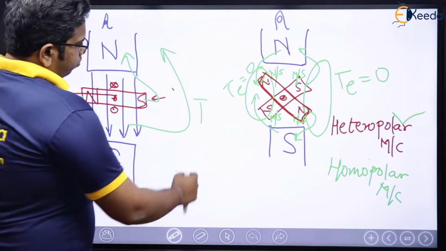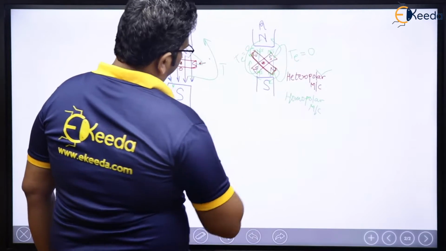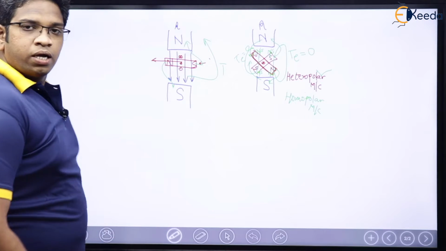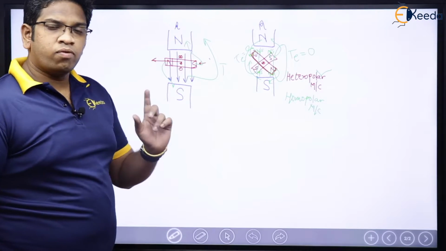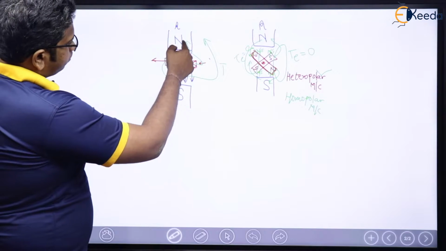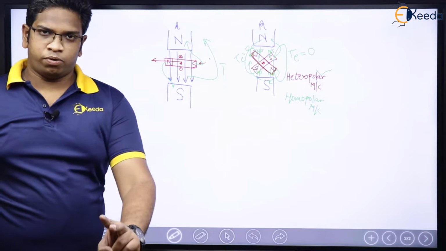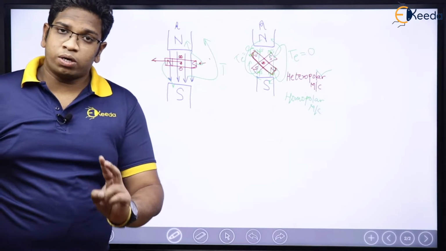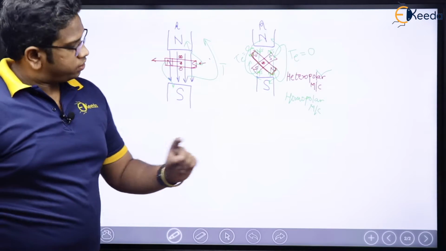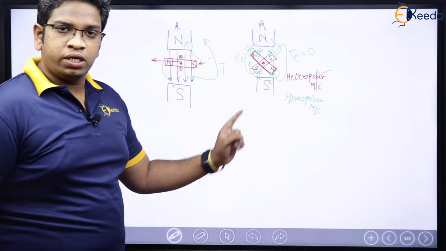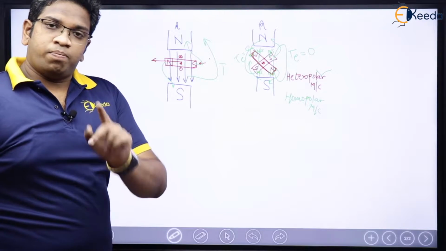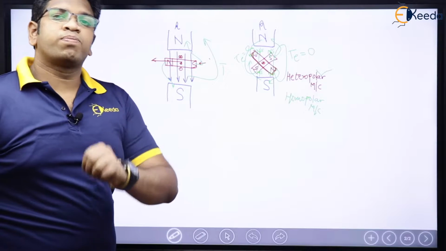Now see here. Observe these two diagrams. In this particular case, there were two stator poles and two rotor poles as well. Whereas in this case, there are two stator poles but four rotor poles.